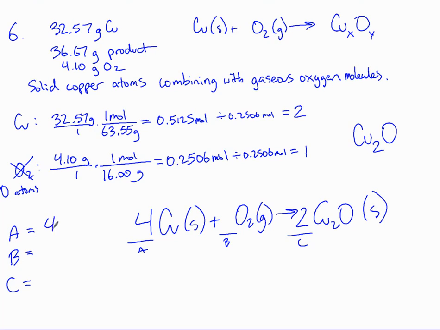So A was 4, C was 2. Half of them got it wrong. Guess why? They put a 0. Because in chemistry, when we just leave it blank, that's an implied 1. They looked at it and saw this implied 1 and they put 0 and they got this whole question wrong because of that.